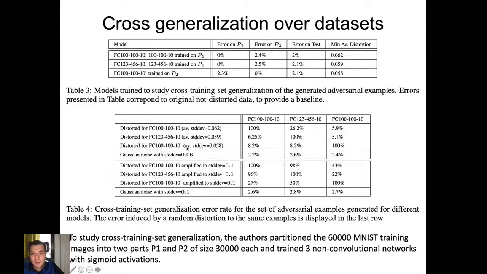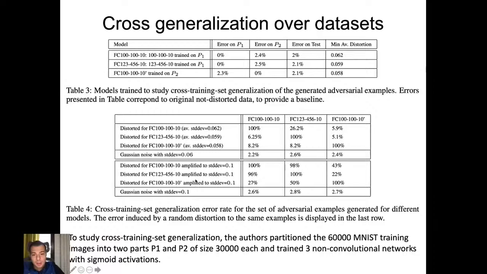And the same happens here. This is the same architecture, and this one only trained on P2, so you get 100% error here, but these two have also higher error rates. So yeah, you can compare these numbers with these numbers and see that they are higher in general.